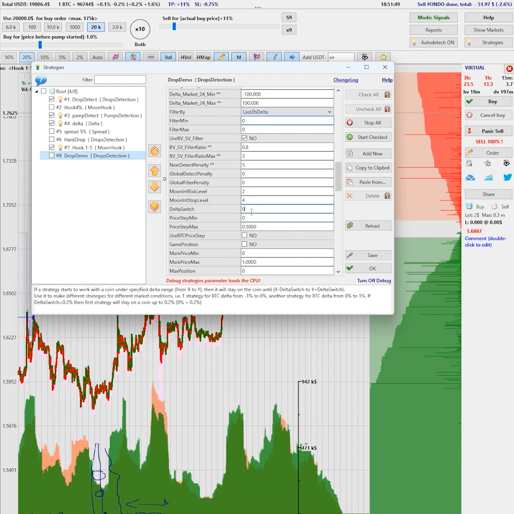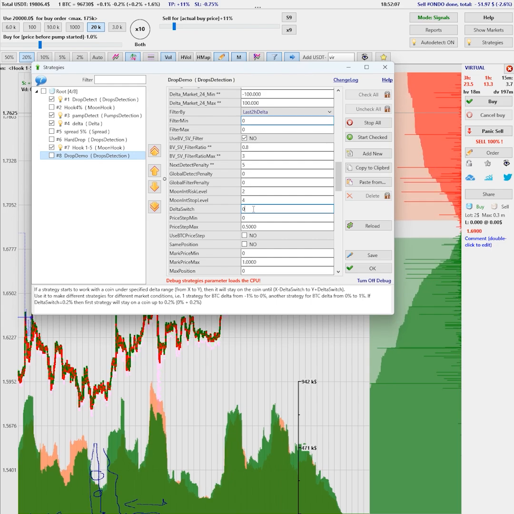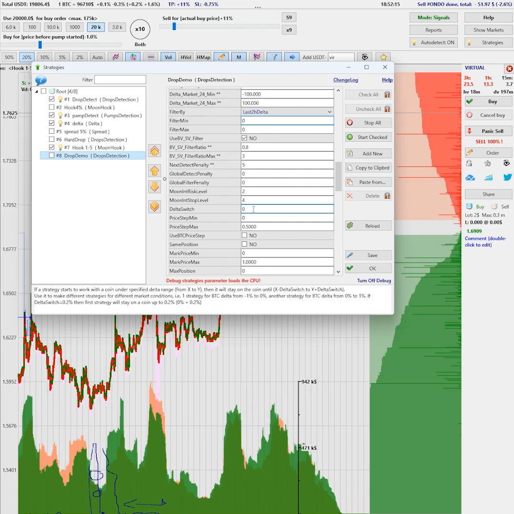Ooh, delta switch. So this one is a tough one. The idea behind this filter is that whenever the coin starts to move and deltas increase on that coin, the strategy may be working at a profit, but at some point the deltas will increase so much that it will no longer pass the filters.